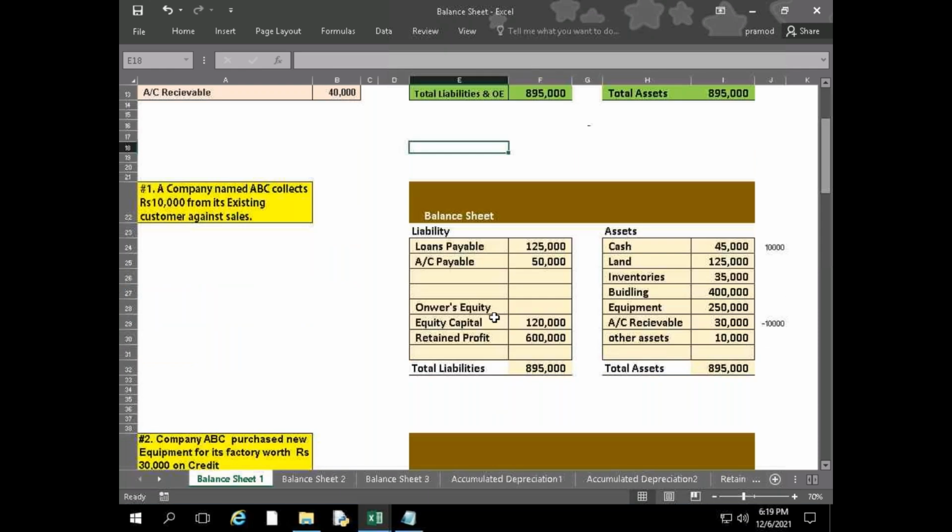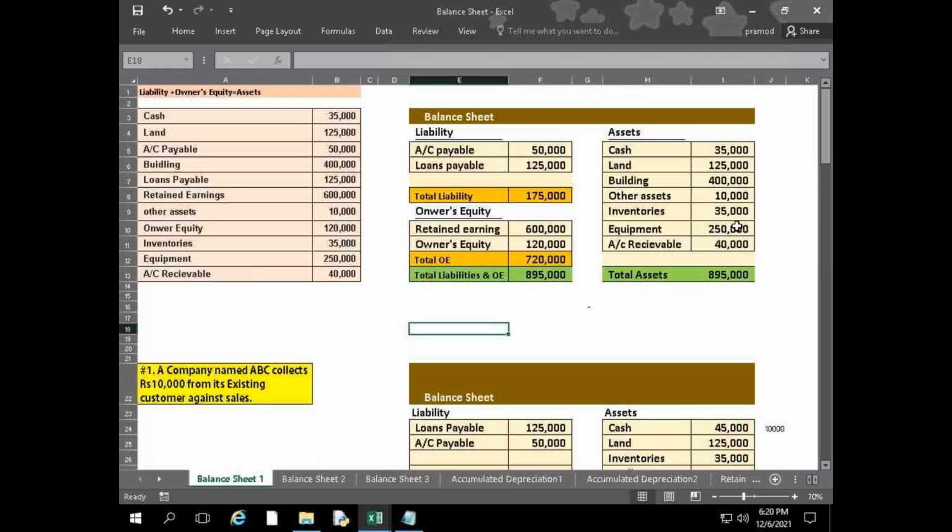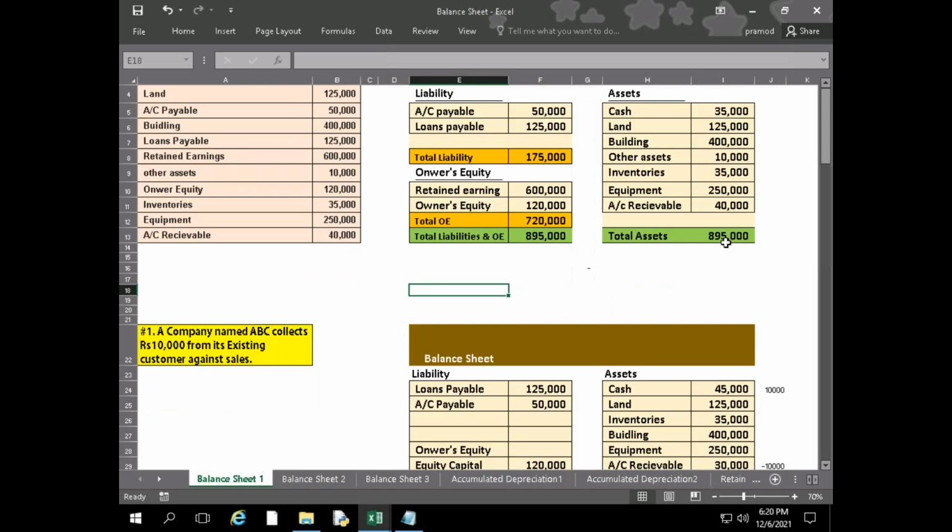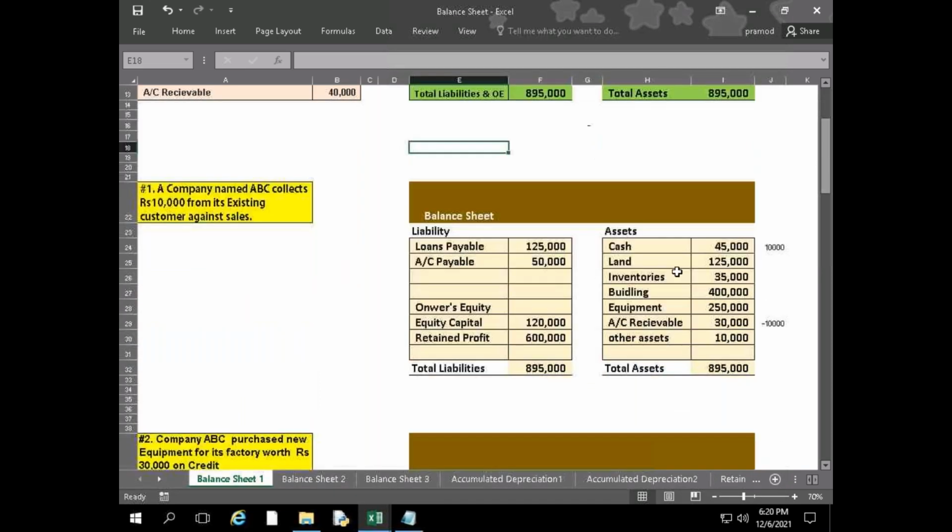A company named ABC collects rupees 10,000 from its existing customer against the sales. If it is collecting the 10,000 from the customer, then it is your account receivable. Here you had the receivable of 40,000, and out of that 40,000, your customer is giving you 10,000. So the 10,000 should be minused from the 40,000.